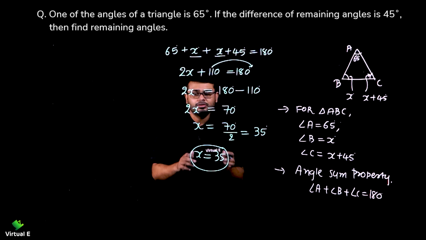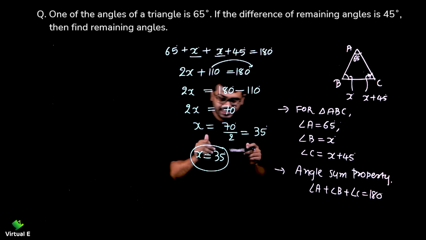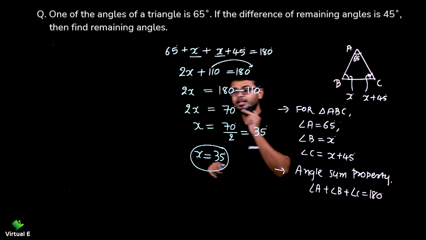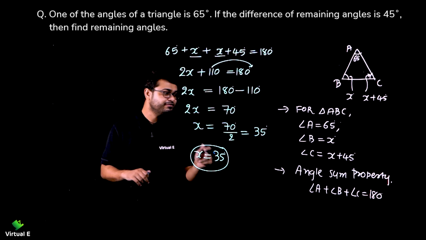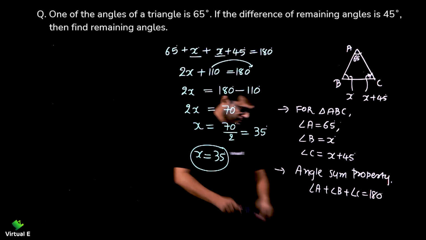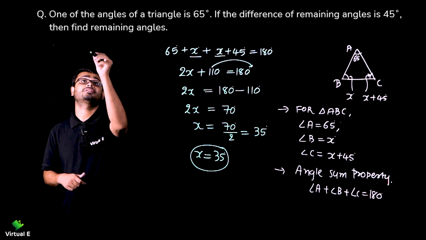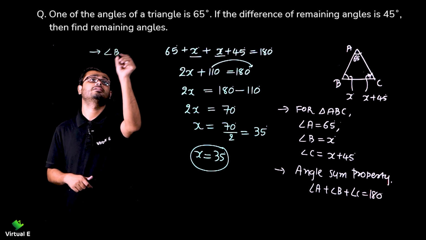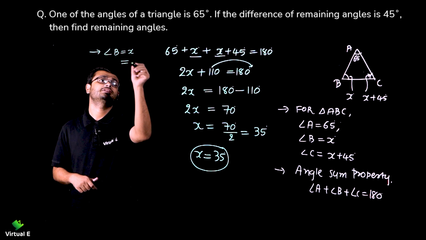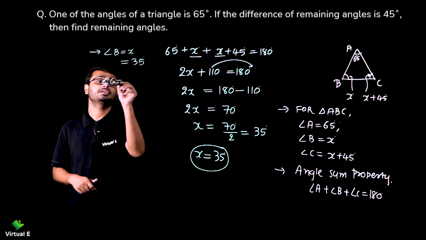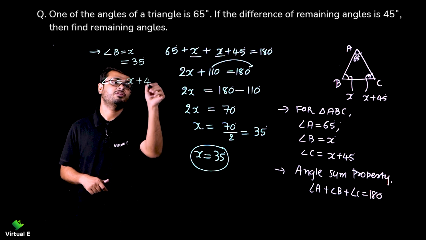Simple. Now, is this what we wanted to find? X is equal to 35? No, we wanted to find angle B and angle C, the remaining angles. So x is equal to 35, that's the value of angle B. Now we want to find angle C. Angle B is equal to x is equal to 35 degree, and angle C is equal to x plus 45 degree.